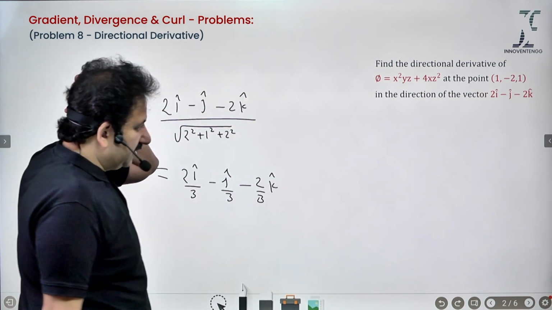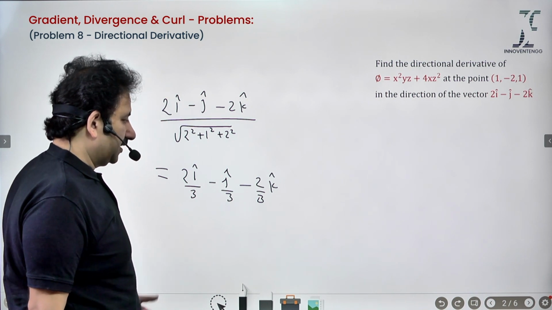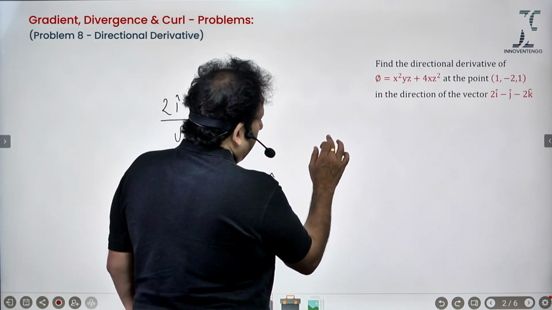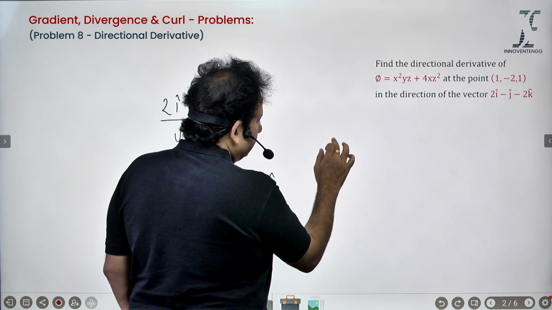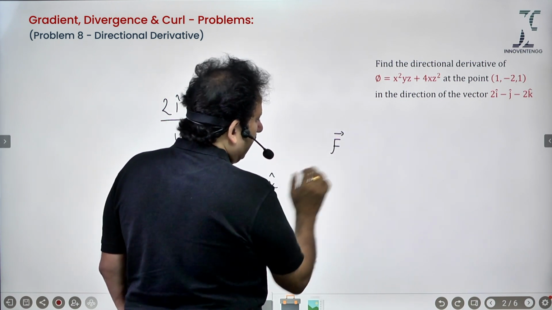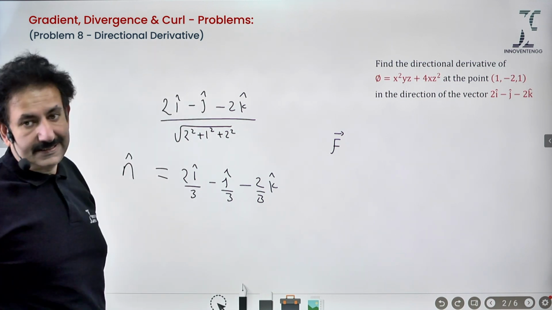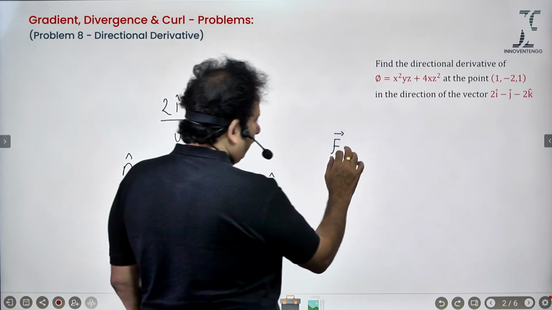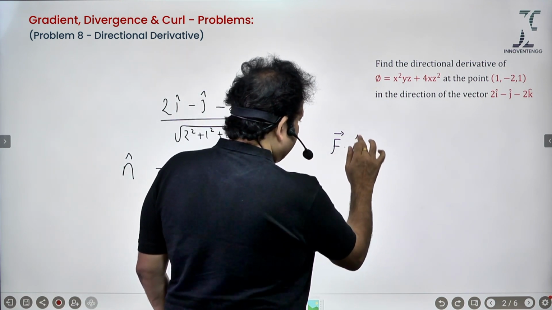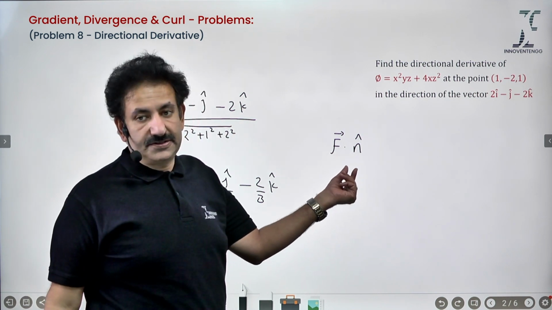Because I want to project my gradient onto this direction, I will just have to take the dot product, right? So if I say that my gradient is f, and if I designate this as n hat, that is a certain unit vector, then all that I am requiring is this. This gives you the projection of f onto this.